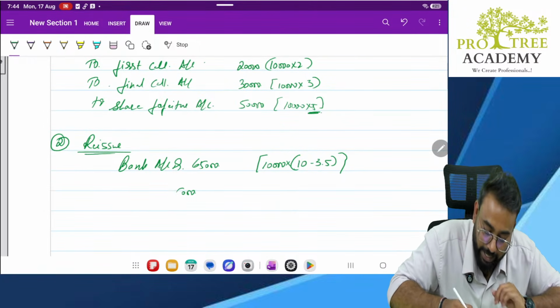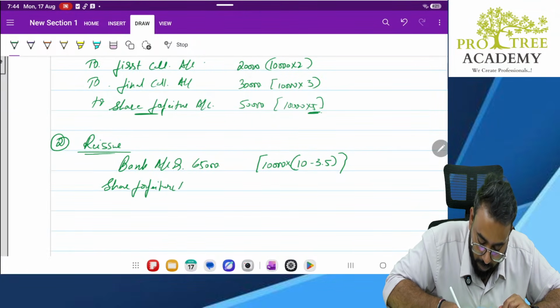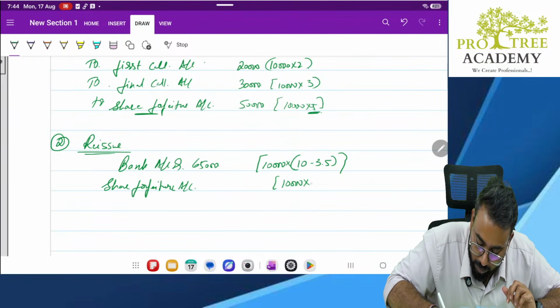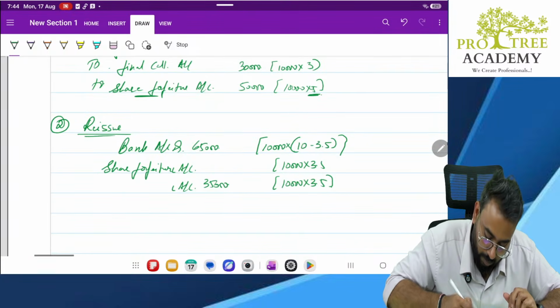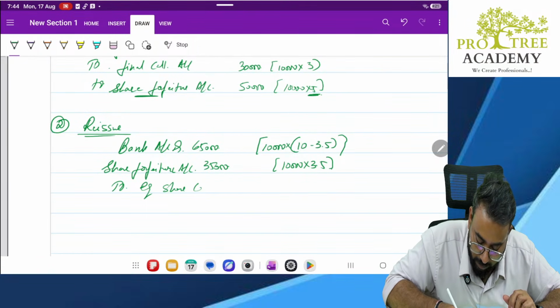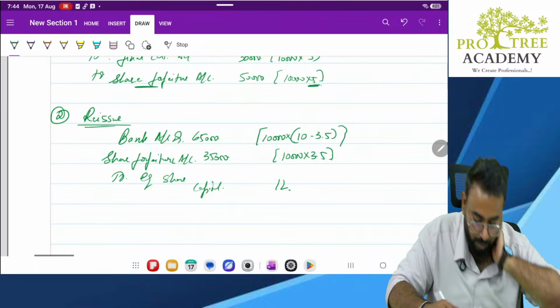Discount should be adjusted against the forfeiture account. Correct or no? So share forfeiture account, how much discount? Into 3.5, that is 35,000. To equity share capital 1 lakh. Clear?